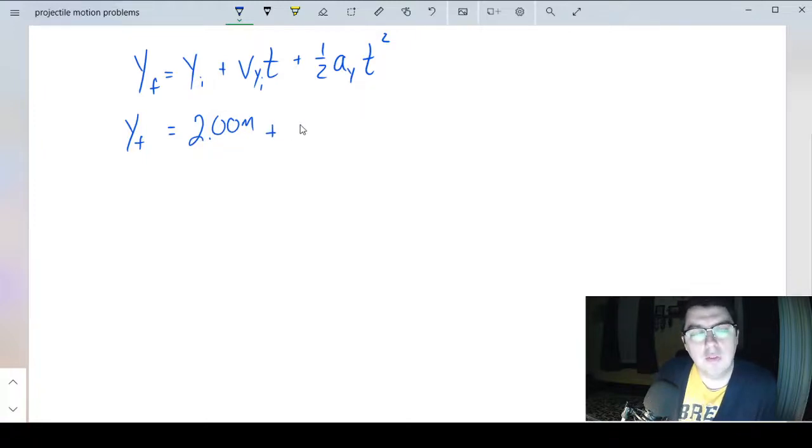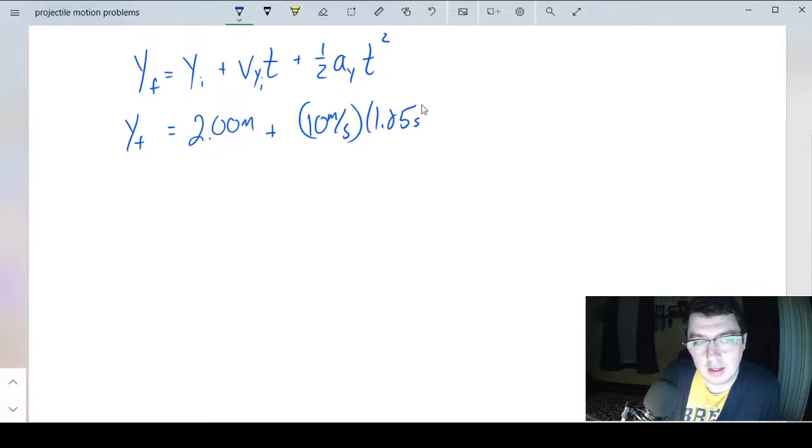Plus vy initial, which was 10 meters per second, right? Yep, I'm remembering that, right? Remember this we got from doing 20 meters per second times sine of 30, times the time that we just calculated, 1.85 seconds, plus 1/2.